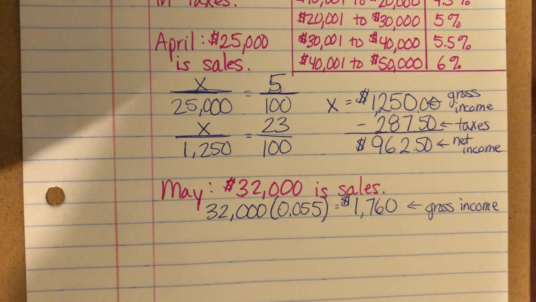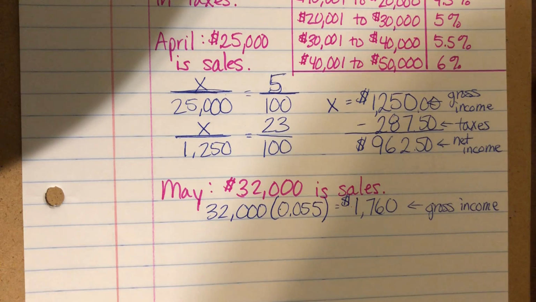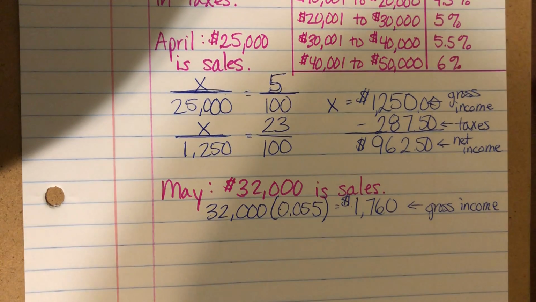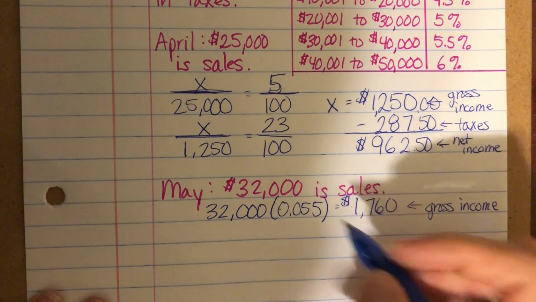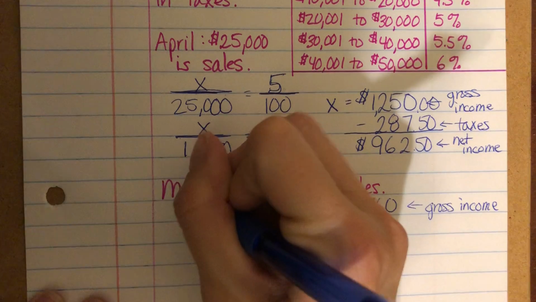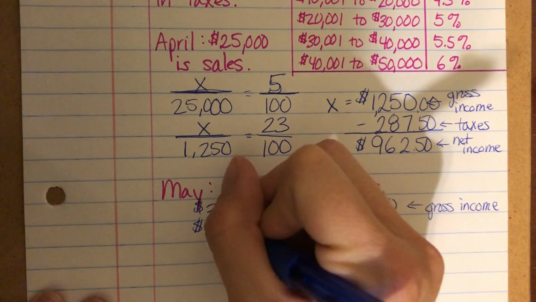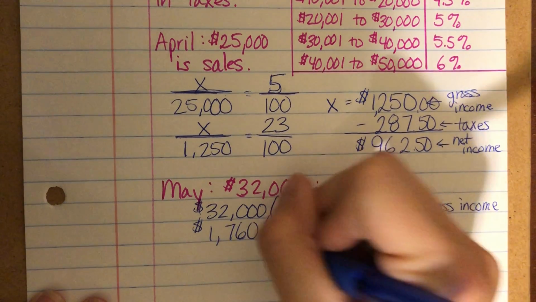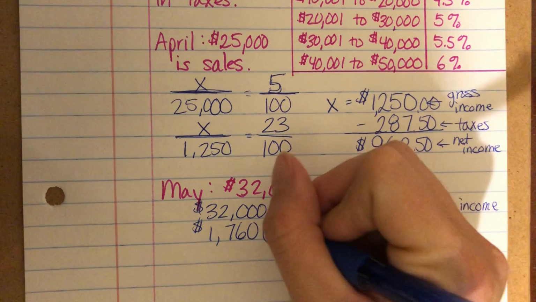Now we need to apply income tax. So if she's paying 23% in income tax, that means she gets to keep 77%. So I'm gonna take her gross income now, 1,760. And like I said, if you're paying 23%, then you get to keep 77%.